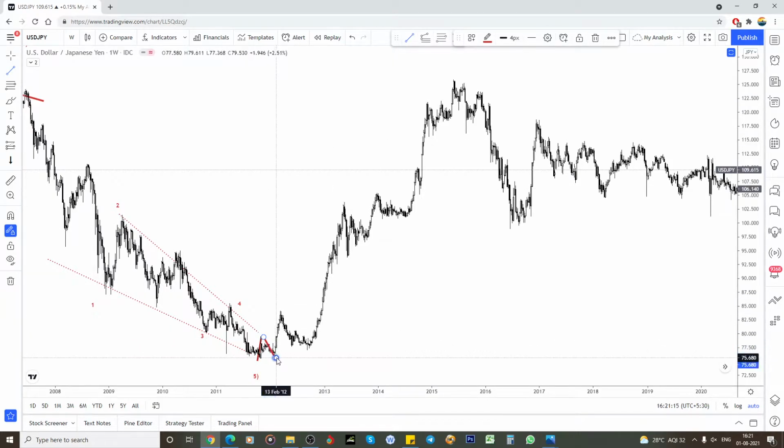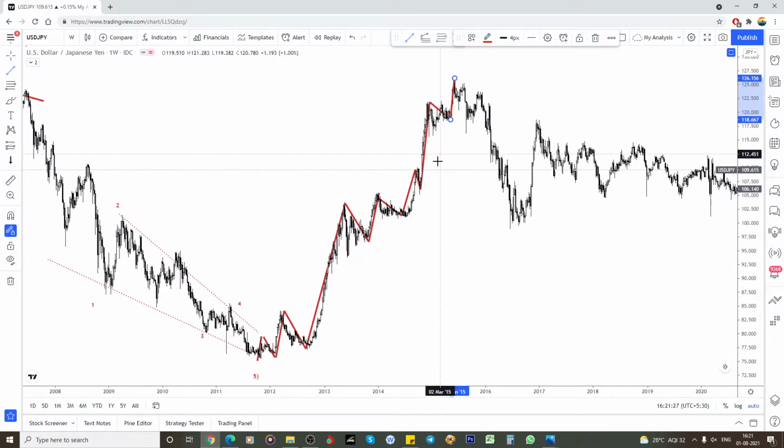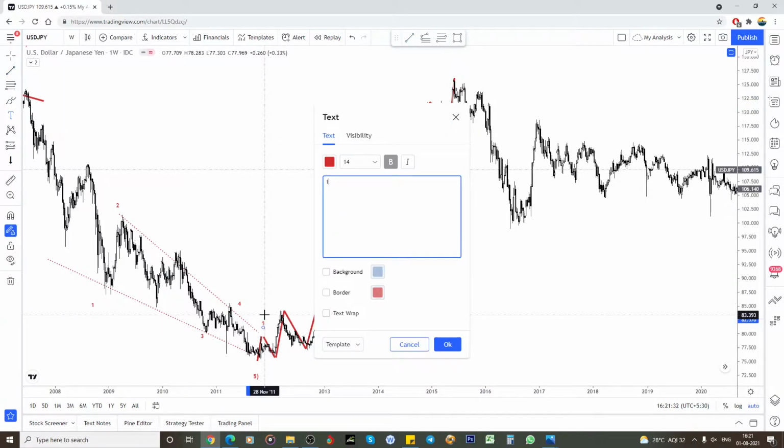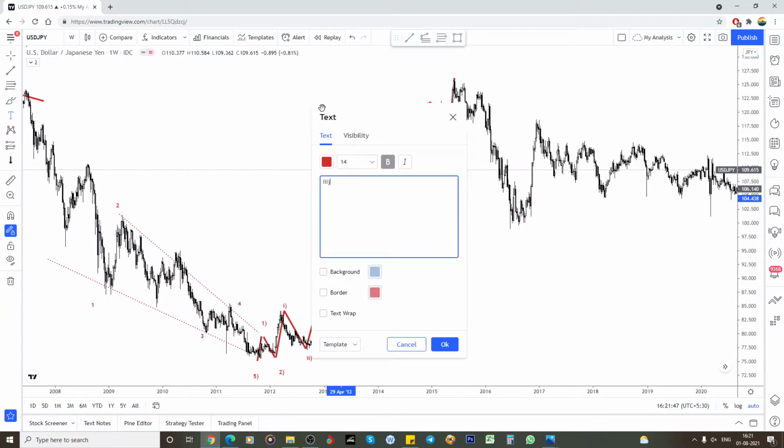This is a 2, again 1, 2, 3, 4, 5, so again 1, 2, 3, 4, 1, 2, 3, 4, 5. Once again I can make this a 1, this is a 2, and this is the intermediate wave 1 of 3, this is the second of 3, this is the third of 3, this is the fourth wave in the triangle.